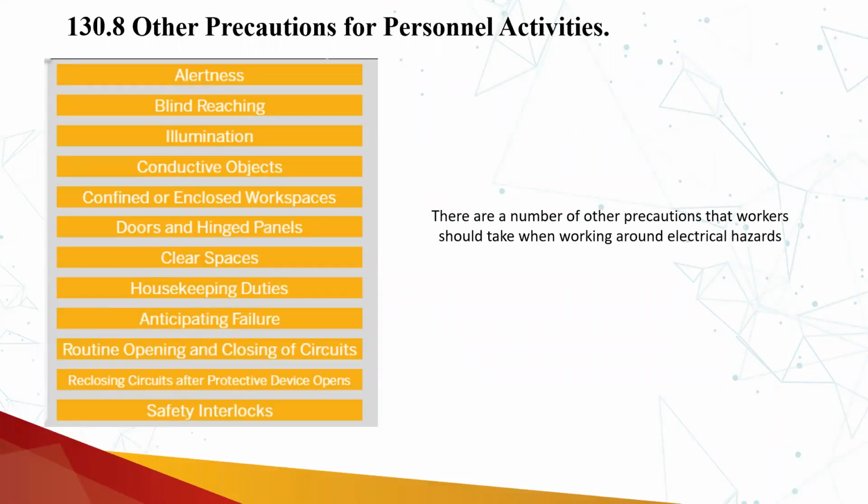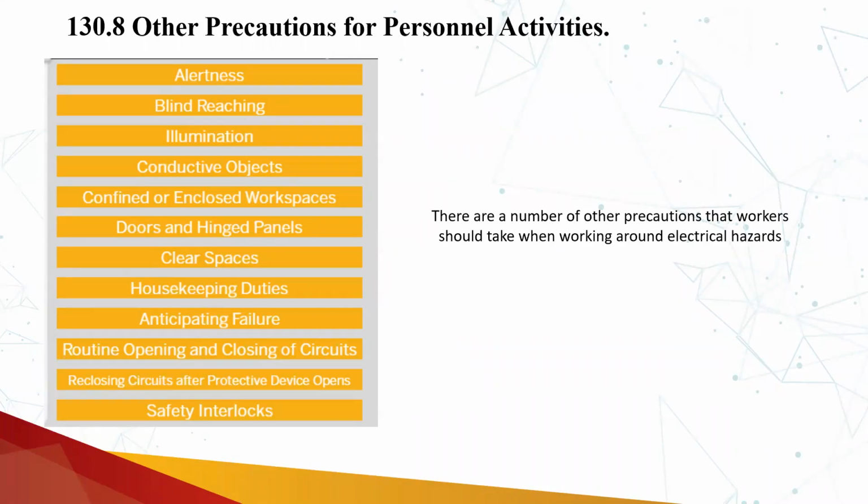Then safety interlocks. Safety interlocks should not be bypassed. If it is being bypassed for a period of time in which a qualified person is performing any task, it needs to be put back again, so that the safety interlocks are not permanently removed from the equipment or the system.